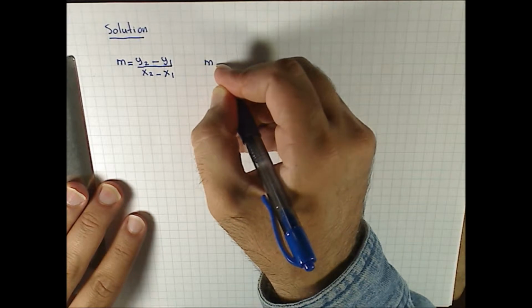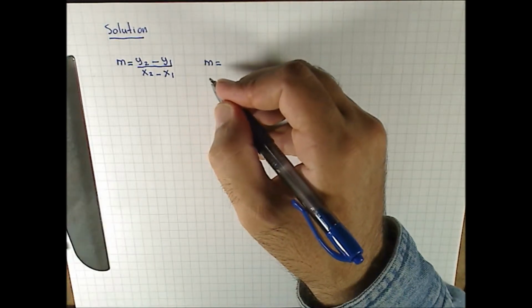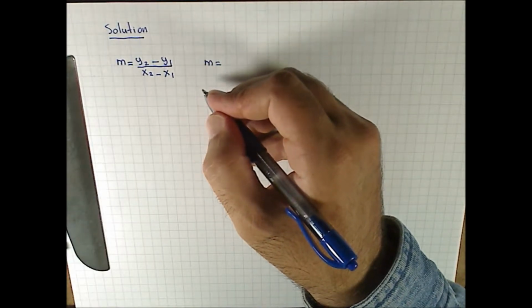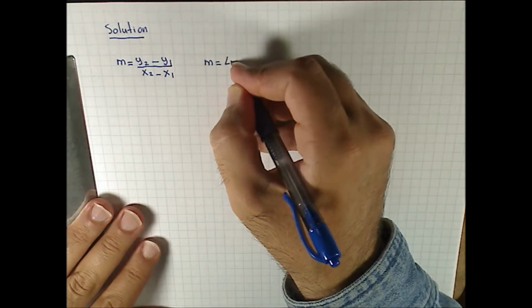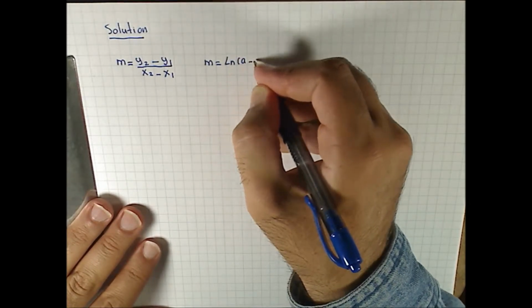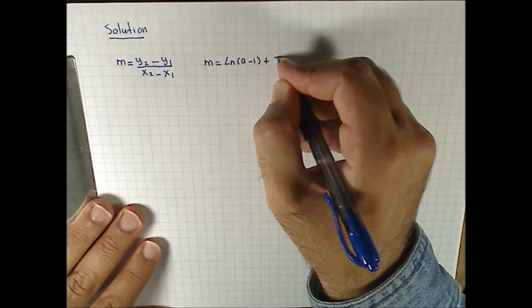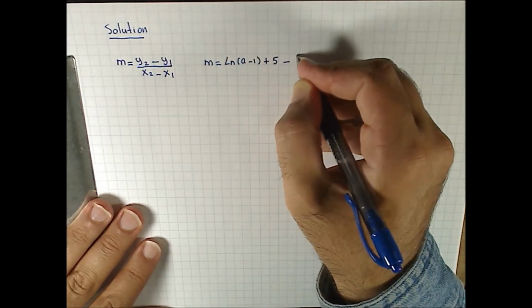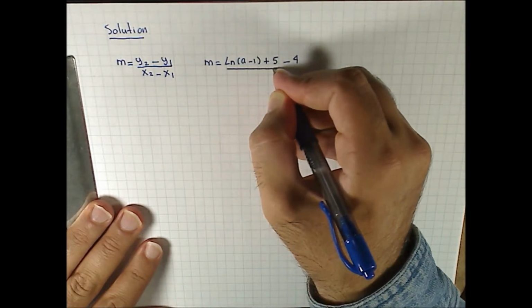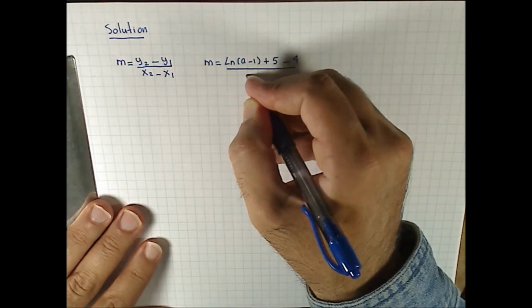So m will be log of a minus 1 plus 5 minus 4, all over a minus 1.